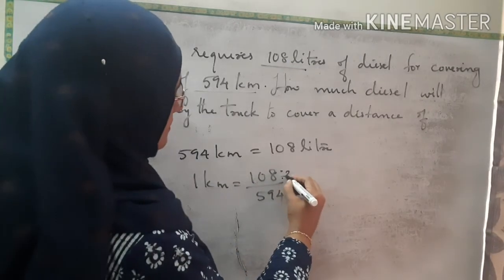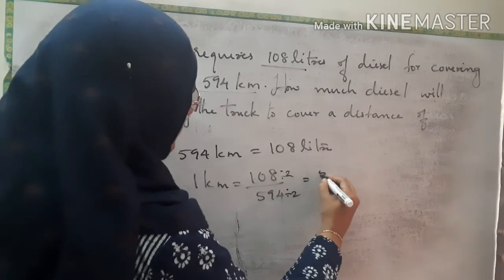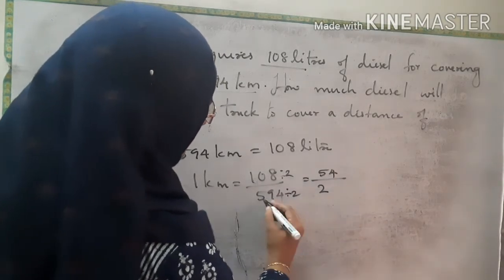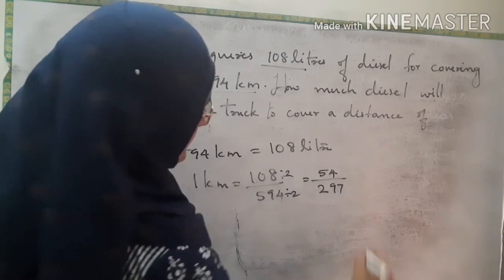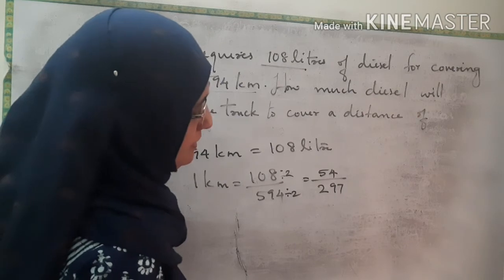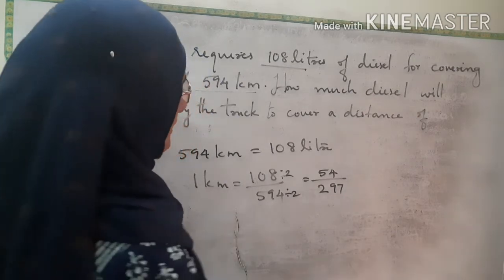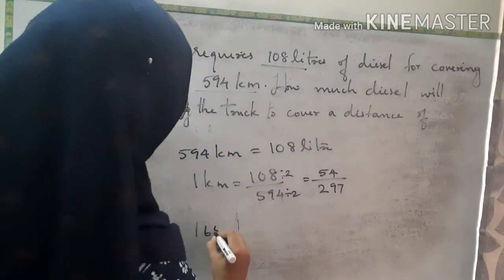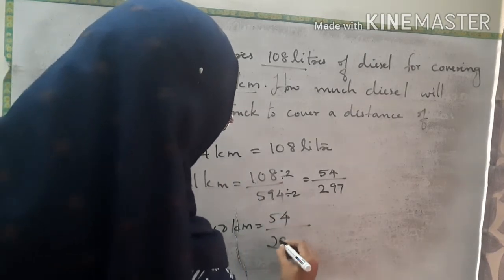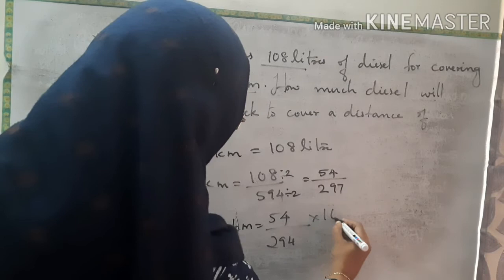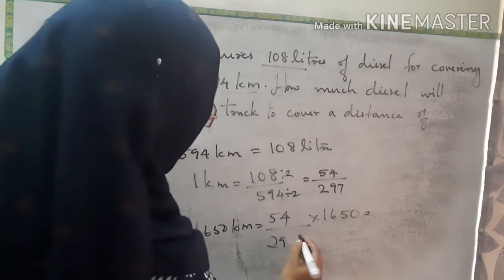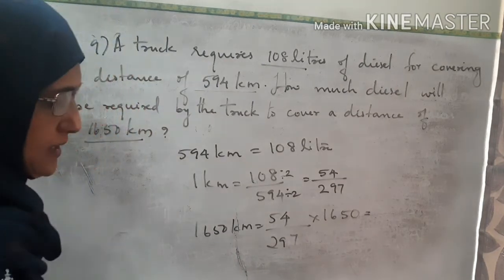Start with 2. 54 by 297. And for 1650 kilometers, 54 by 297 into 1650.